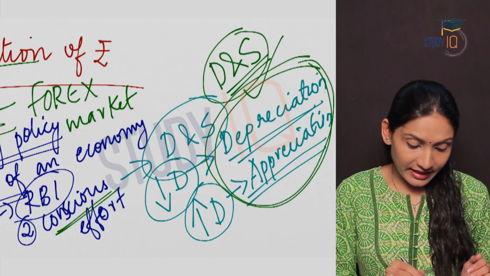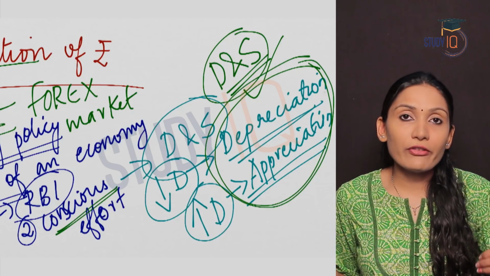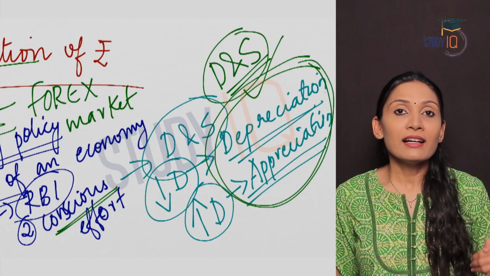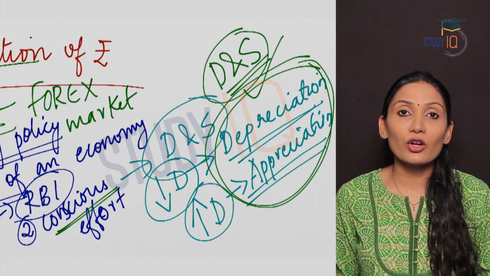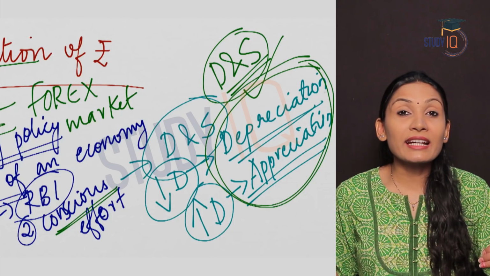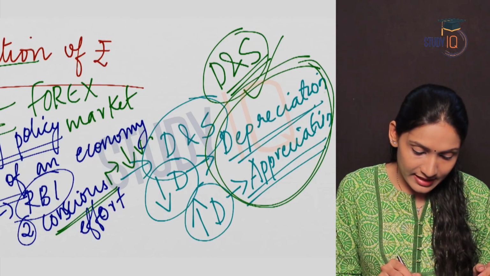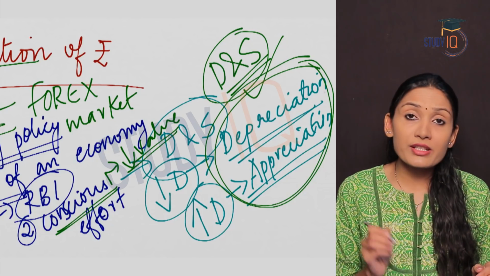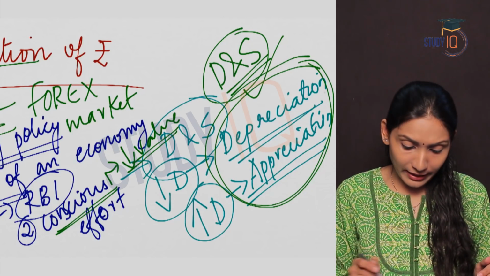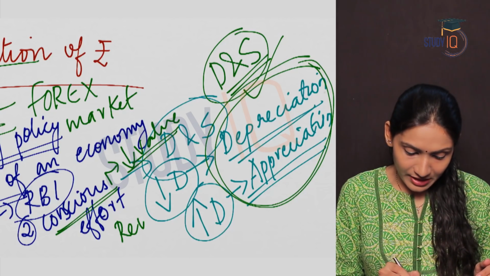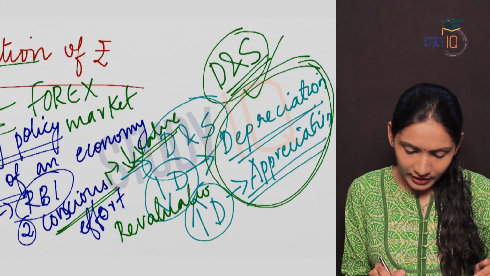So as we said, devaluation is a conscious effort made by the central bank of an economy. So in case of India, Reserve Bank of India makes a conscious effort to decrease the value of currency. On the other hand, we also have revaluation. What is revaluation?